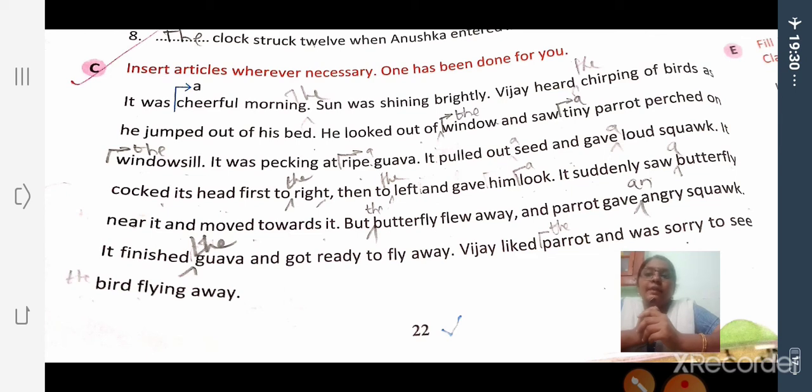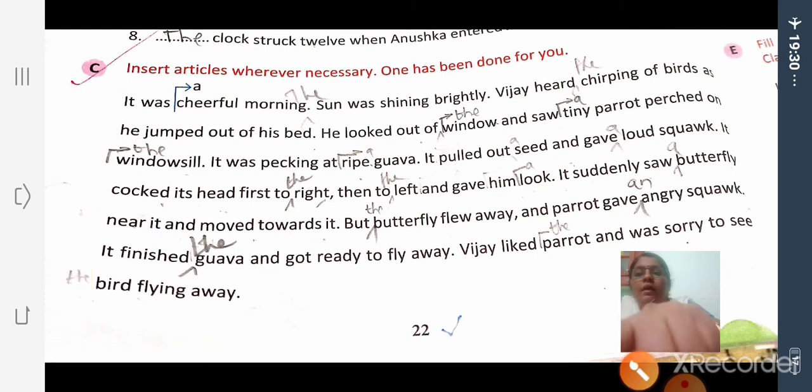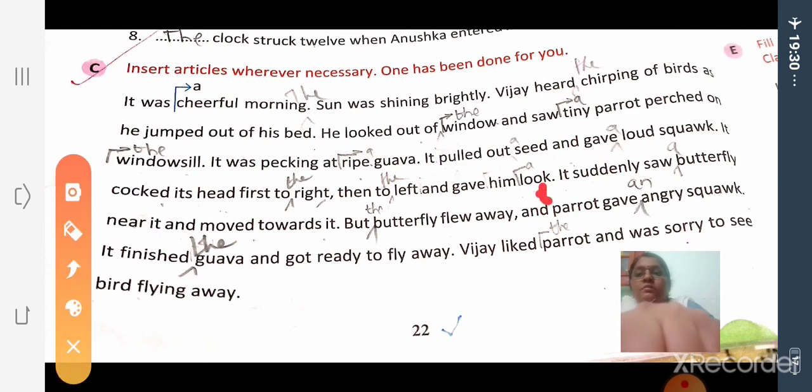But the butterfly flew away, and the parrot gave an angry squawk. So here the parrot, only the parrot. It finished the guava and got ready to fly away.